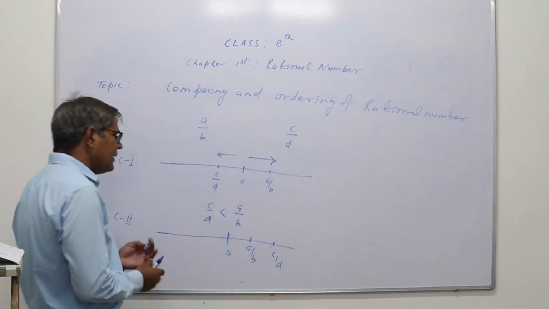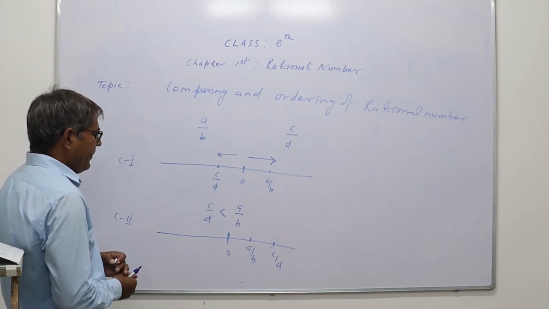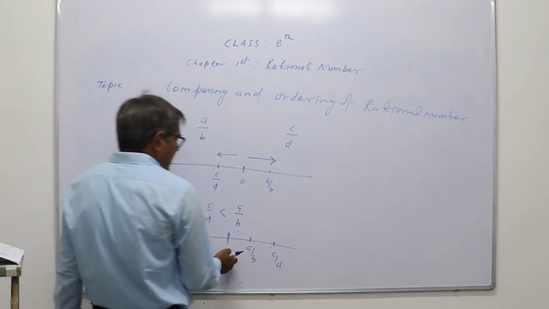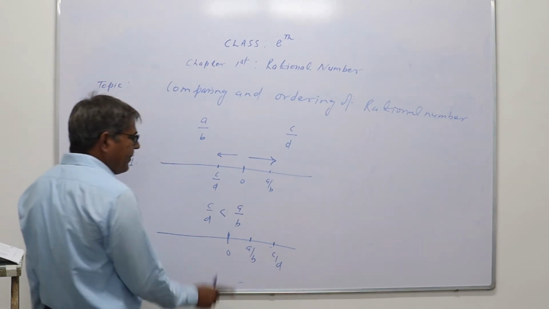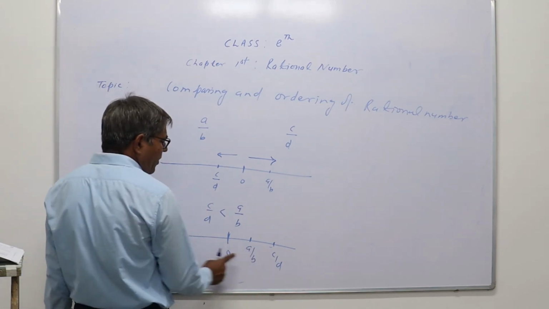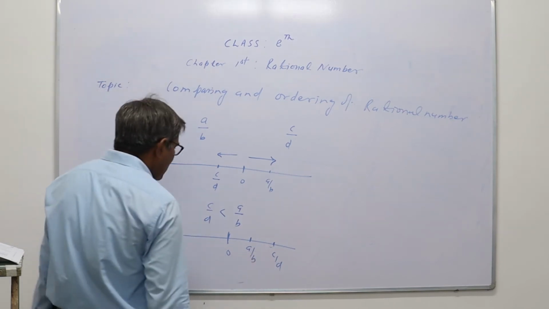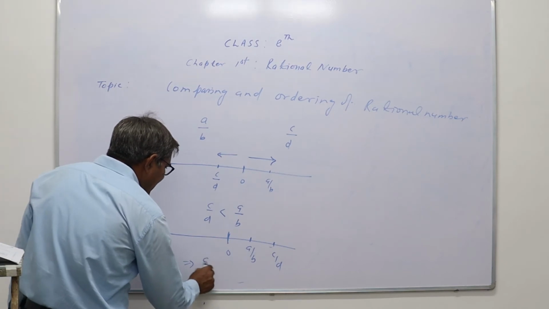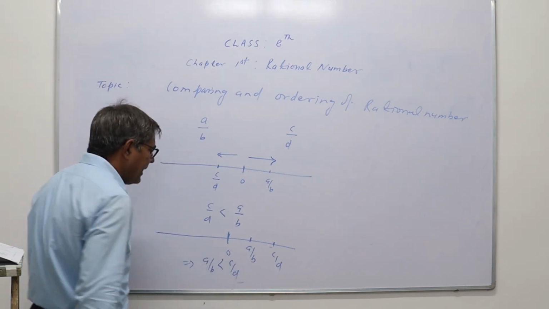If both rational numbers lie on the same side of 0 on the number line, then the rational number which is farthest from 0 will be greater than the other rational number. So in this case, a upon b will be less than c upon d.